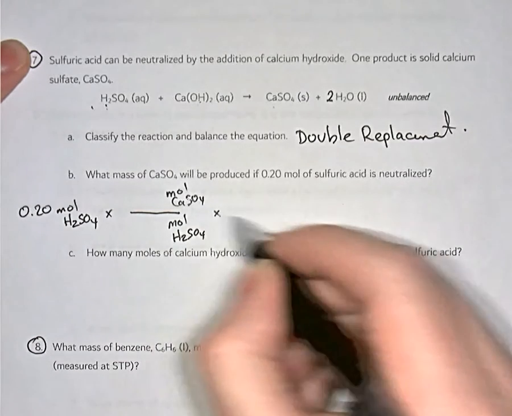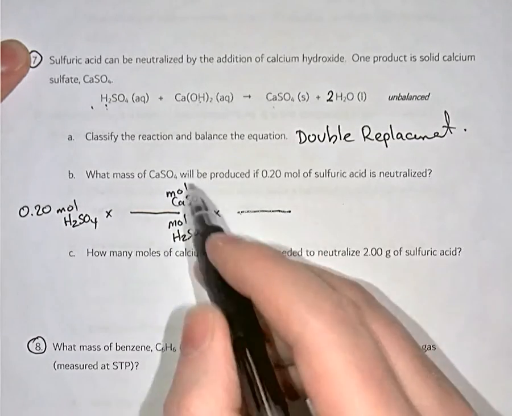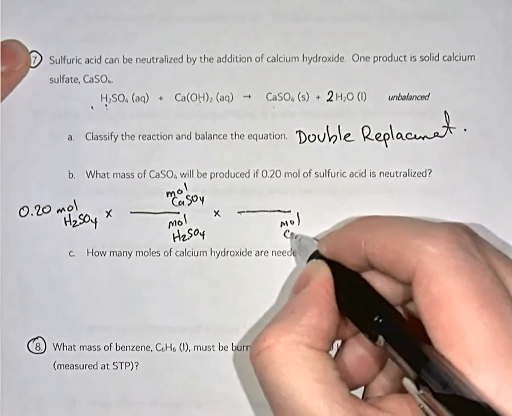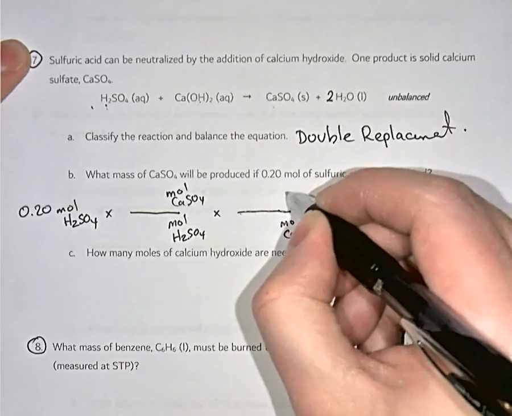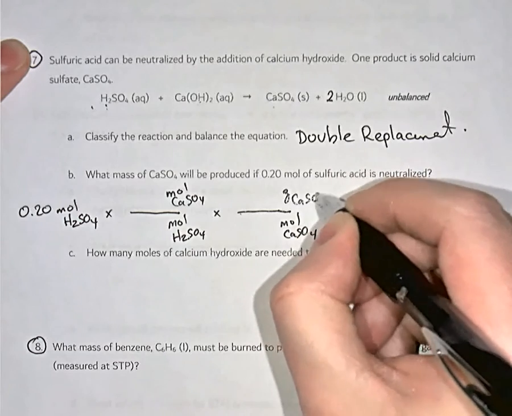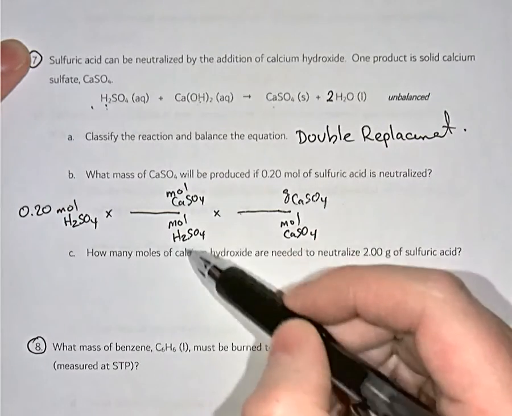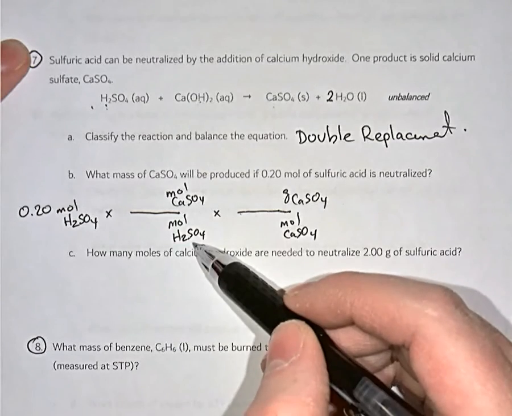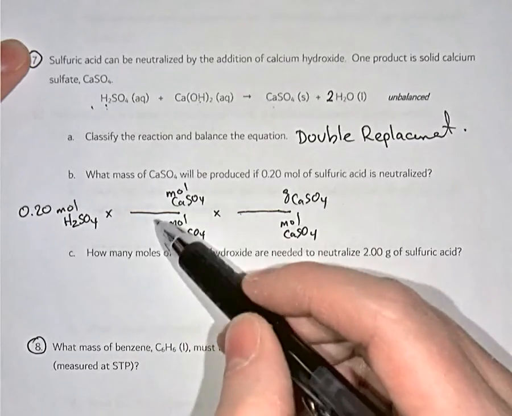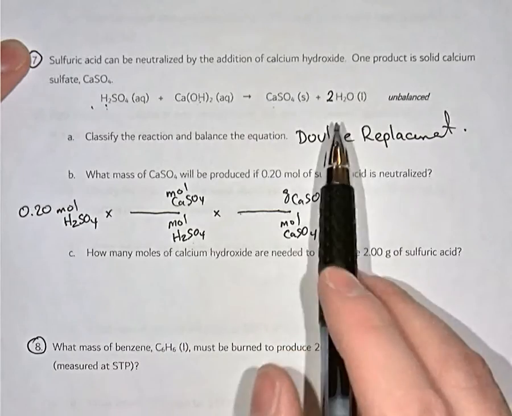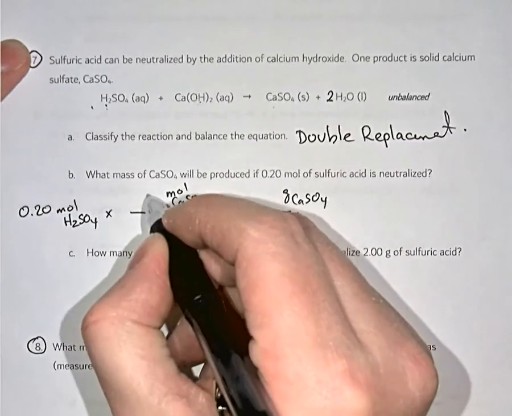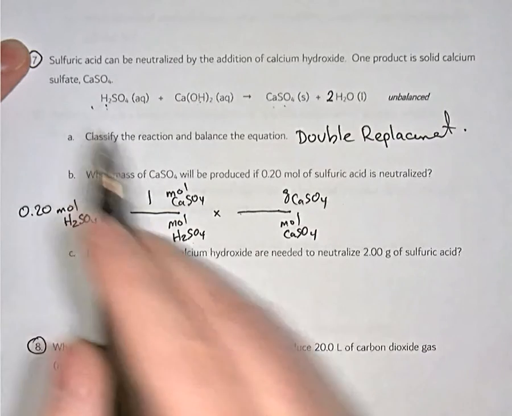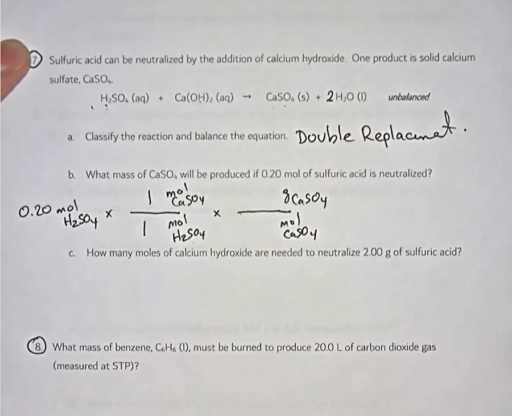And once I have the moles of calcium sulfate, then we can use its molar mass to convert the moles of calcium sulfate into grams of calcium sulfate. Okay, so the first unit multiplier, moles of one substance, moles of another substance, the numbers for this come from the coefficients in your balanced equation. So in this example, 1 mole of calcium sulfate will come from 1 mole of sulfuric acid.